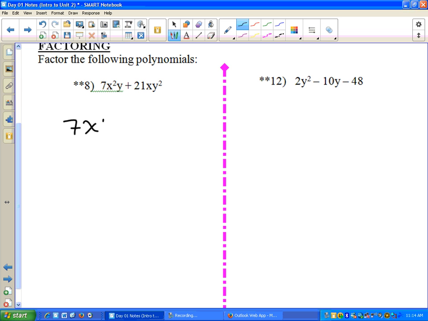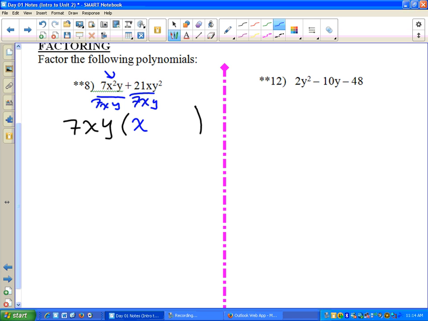Now, what you're going to do, which we don't always show you, is take these two terms at the top and divide them by 7xy. If I divide out a 7xy out of my first term, what am I left with? I'm left with just an x. The 7's cancel, the y's canceled, x squared is reduced to x.